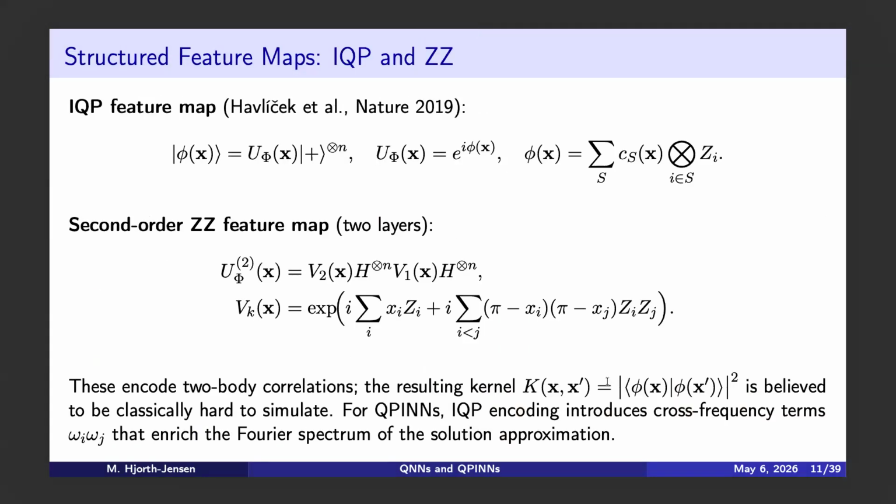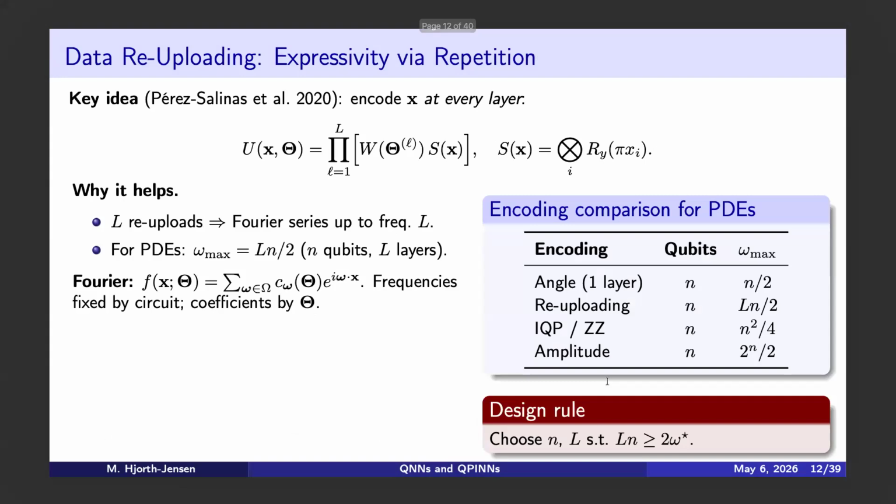You have also something which is called structured feature maps, which I just included. I have not tested that, so I'm not sure how it works. So I just leave it here for the sake of completeness. You have data re-uploading, which is also something which I haven't dealt with. And you can find a reference here.